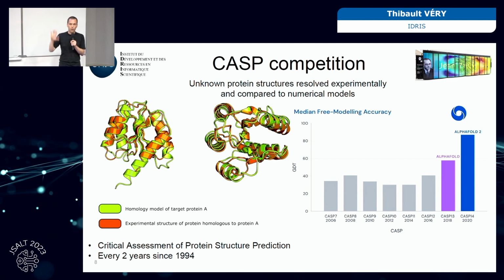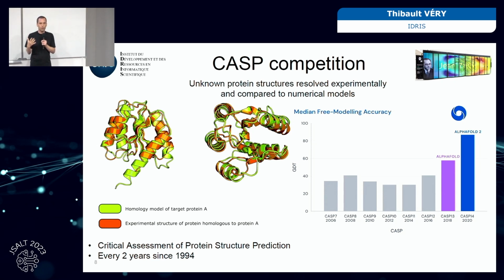To be clear, around 30, you have a random structure, no match. Around 60, 70, you start to get something that is correct. And if you reach 90 of GDT, the numerical method is almost as accurate as the experimental method. So you see that we stay around 40 here for a long time.